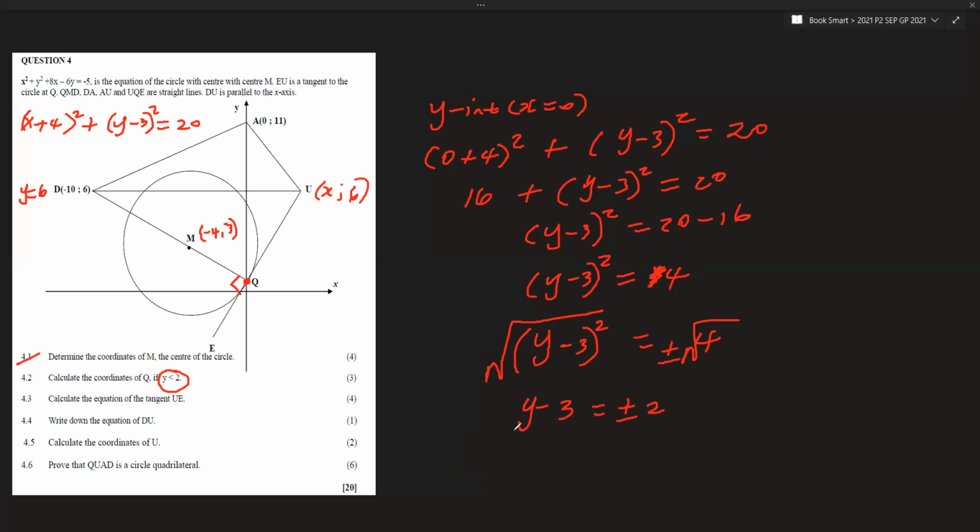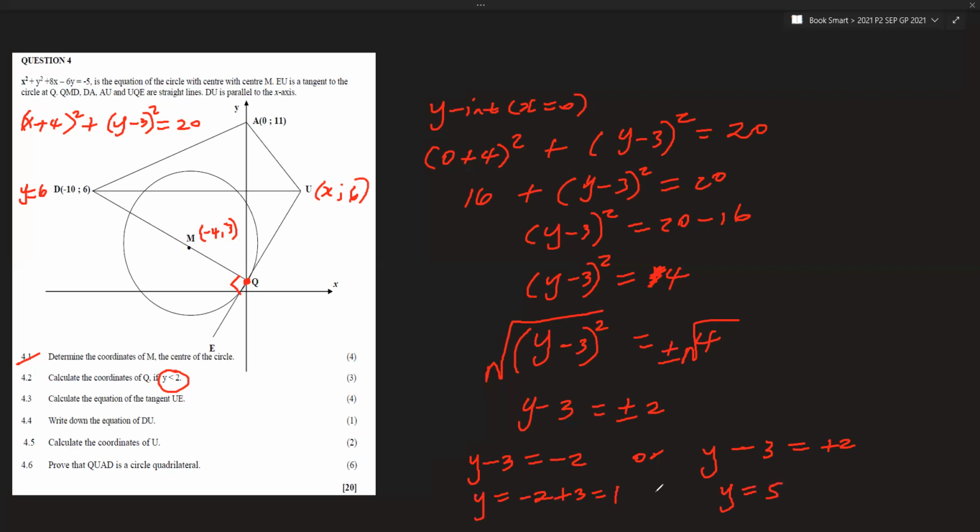Then you say y minus 3 equals negative 2, or y minus 3 equals positive 2. What you do is split the plus minus into two new equations, keeping the left-hand side the same. This one gives me negative 2 plus 3, which is 1. Then this one gives me y equals 5.